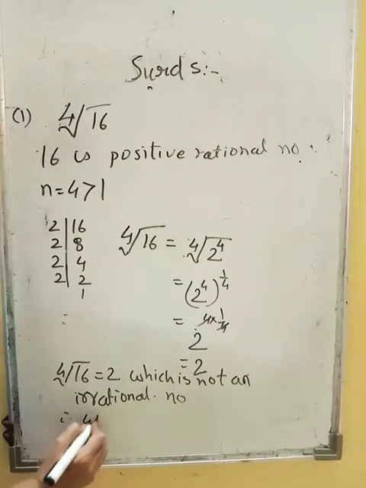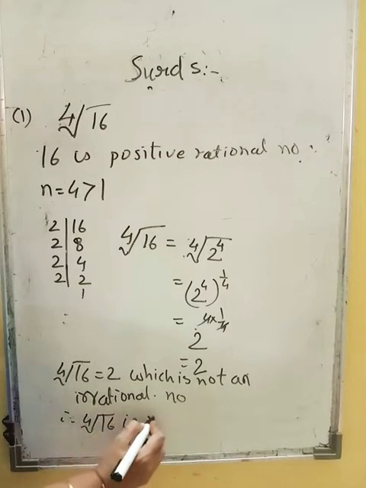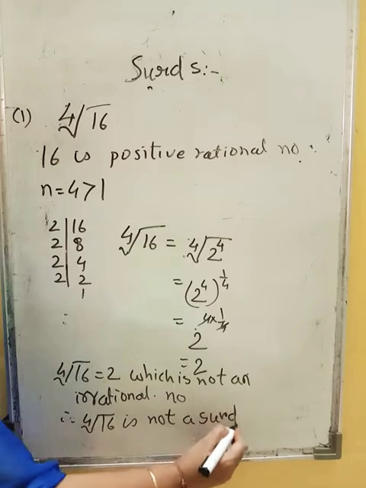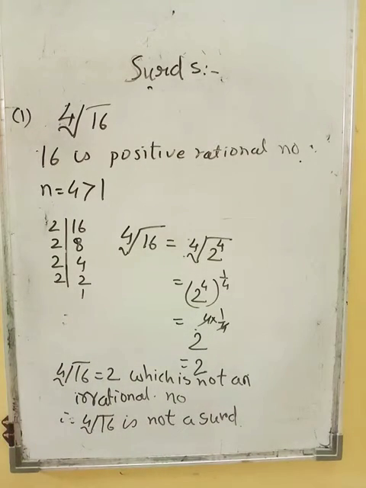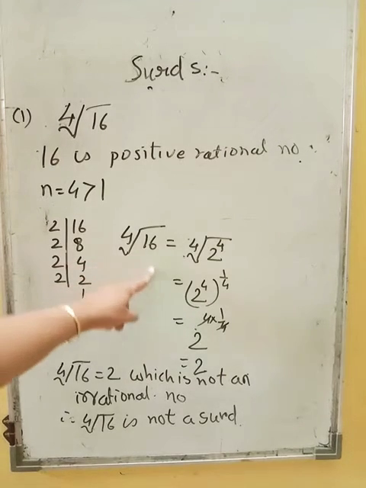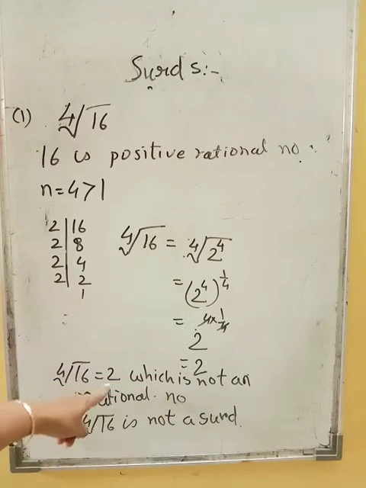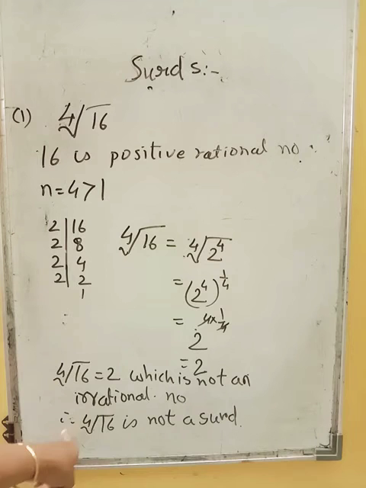Therefore, fourth root of 16 is not a surd. So you have to check whether the answer is coming irrational or rational. So complete method is shown to you, how we got this as a rational number. So it is not an irrational number, so it is not a surd. We should have the answer irrational number, then only we can say it is a surd.